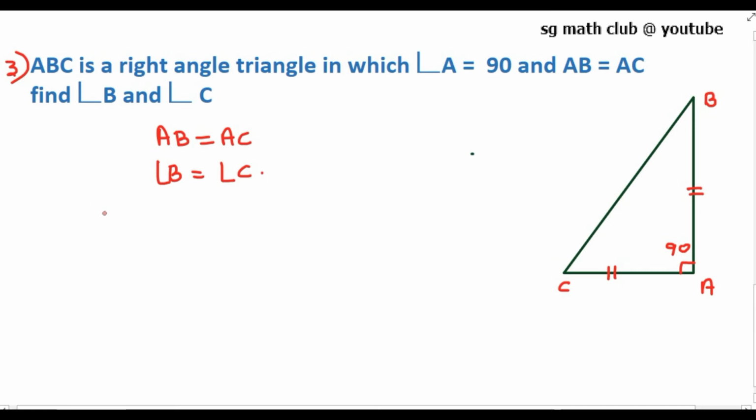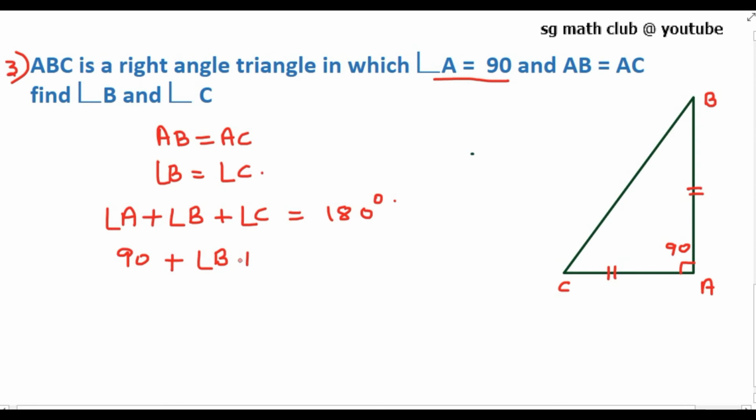Again, by angle sum property, I can write that angle A plus angle B plus angle C equal to 180 degrees. Already angle A we know the value. They have given ABC is a right angle triangle in which angle A is 90 degrees. So I can substitute A equal to 90 degrees.